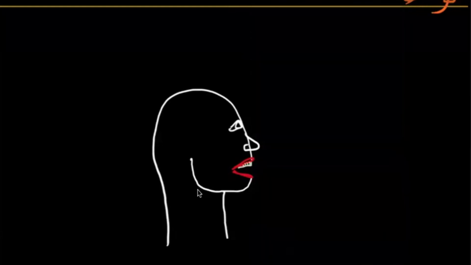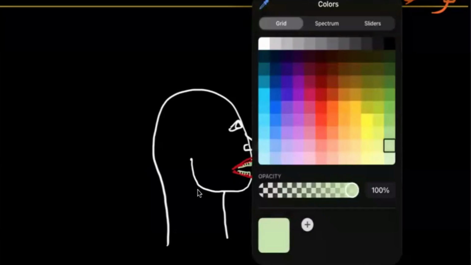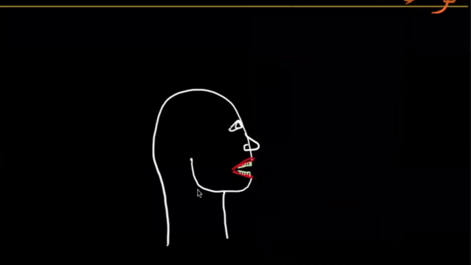Also teeth. And the person has tongue. Okay, this is tongue here. You have the roof of the mouth here, and you have the back of your mouth.